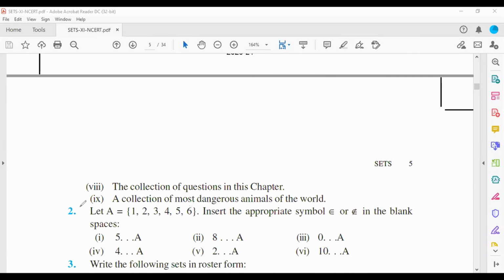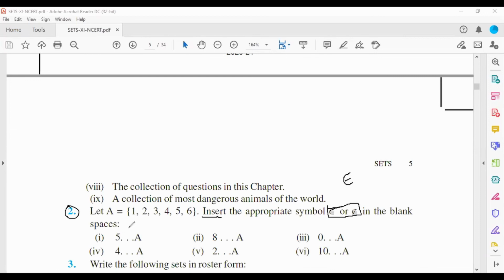Now the next question, number 2, very easily complete it. Insert the appropriate symbol. So it gives you experience in using that symbol, element of, belongs to.